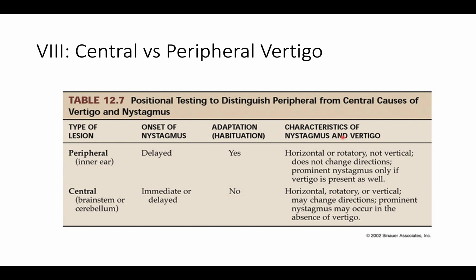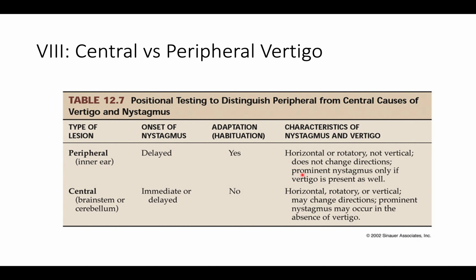And there are characteristics of nystagmus and vertigo. For example, in peripheral vertigo, there is only horizontal or rotatory nystagmus. There is no vertical nystagmus, but in the central there is vertical. So when you see vertical nystagmus, you think most likely about central, not peripheral. Also, in peripheral the nystagmus doesn't change directions, and in central it may change directions.